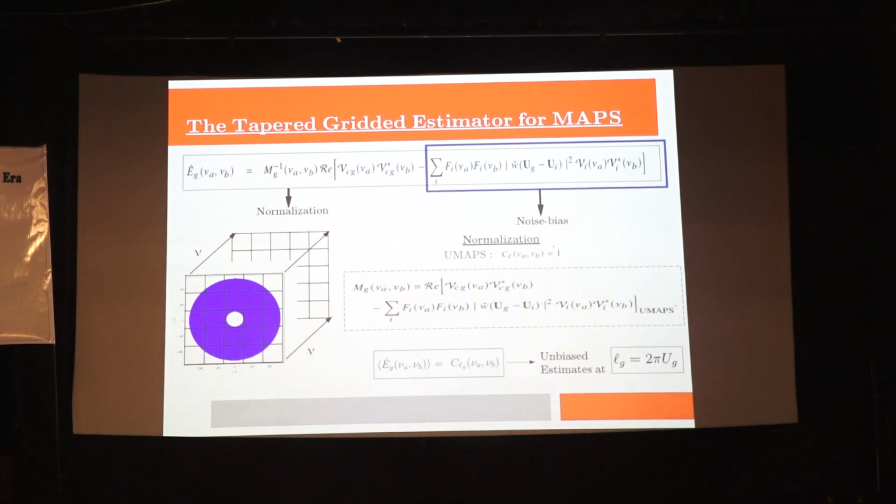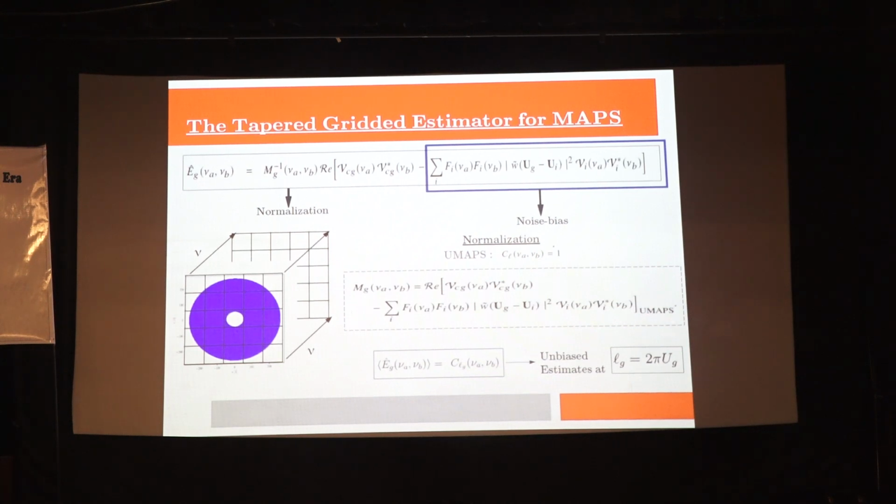And this M_g factor is the normalization factor, which we calculate using simulations. We considered a unit multi-frequency angular power spectrum for which C_L(nu_a, nu_b) is equal to 1, for which the left-hand side becomes 1, and then we get M_g as this factor.